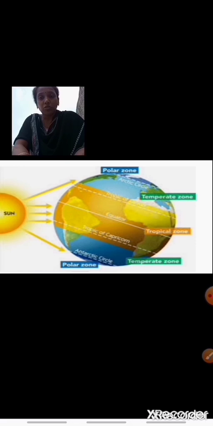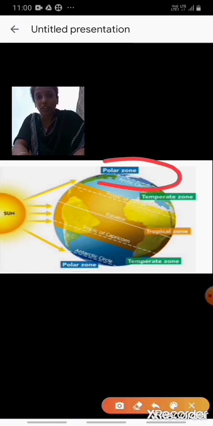The sun's rays fall very slanting at the frigid zone, the polar zone, so the temperature over here is low. Today we are going to know more about Greenland, and we know that it falls in the frigid zone. So let us see in detail.